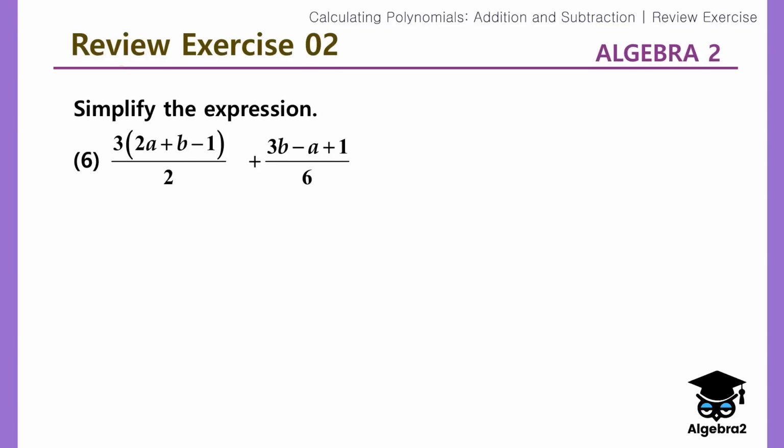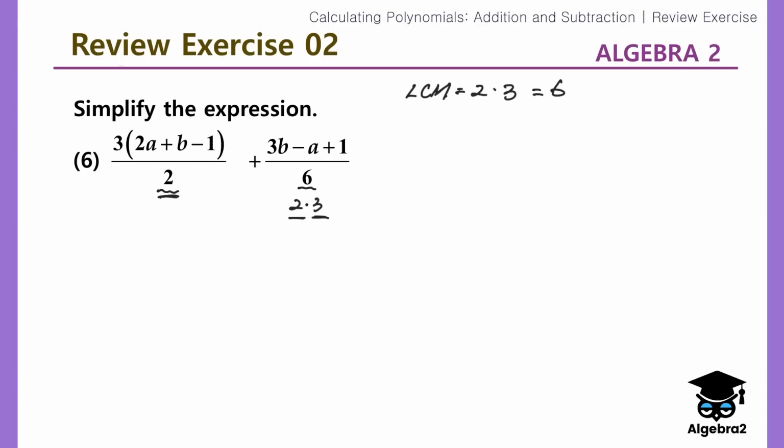Number 6, we have denominator 2 and denominator 6. So 6 is 2 times 3, right? So our least common multiple is, we must have at least one 2 and one 3, which is equal to 6, right?